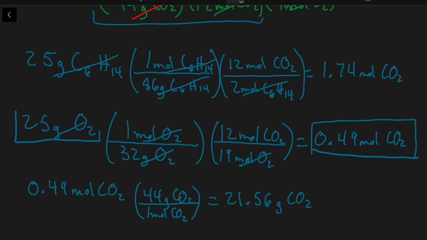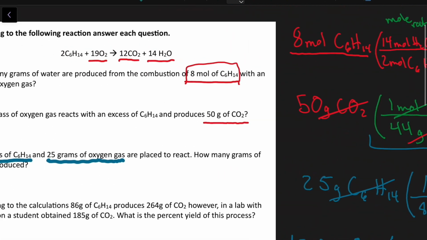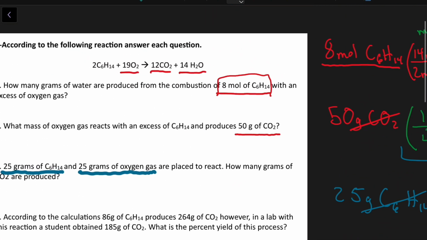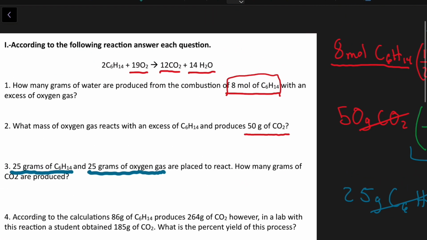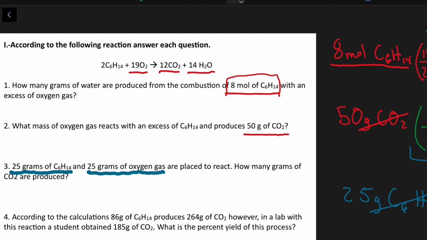So now let's go for the last point, is this one. According to the calculations, 86 grams of C6H14 produces 264 grams of CO2. However, in the lab, with this reaction, a student obtained 185 grams of CO2. What is the percent yield of this process?